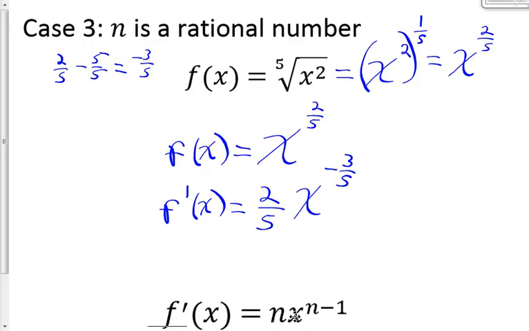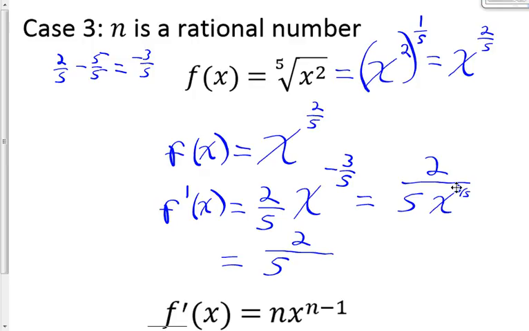All right, once again, I have to simplify this a little bit. The first thing is I have to get rid of the negative exponent. That means I take this factor to the denominator, x to the 3/5, positive 3/5 now. Also, I can't leave the rational number for the exponent. I want to rewrite it in terms of radicals. So this is going to be 2 over 5.